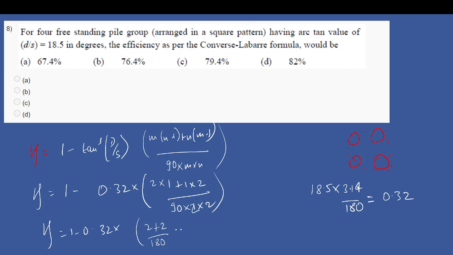So it's basically 90 into 4, which is your 360, right? So 1 minus 0.32 into 4 by 360, which is 1 by 90. So 1 minus 0.32 by 90, 0.99. Okay, so how much is this?